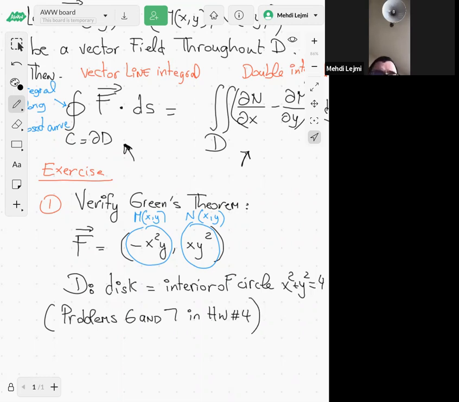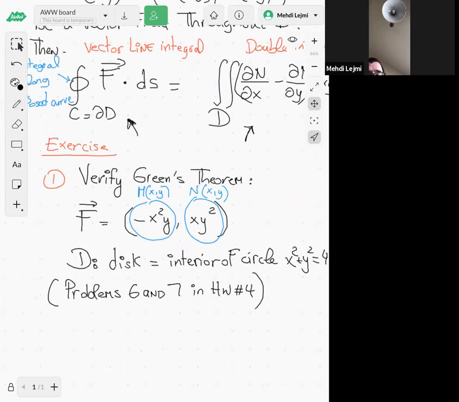Anyway, to verify Green's theorem, first we're going to start with the left side of the theorem, which is the vector line integral.